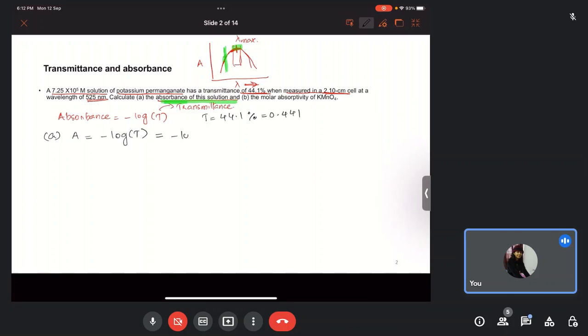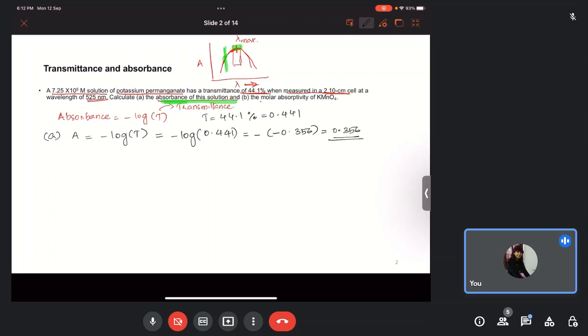So this is minus log of 0.441. If you do the calculation, this is minus of minus 0.356, which is equal to 0.356. So the absorbance of this particular solution is 0.356.